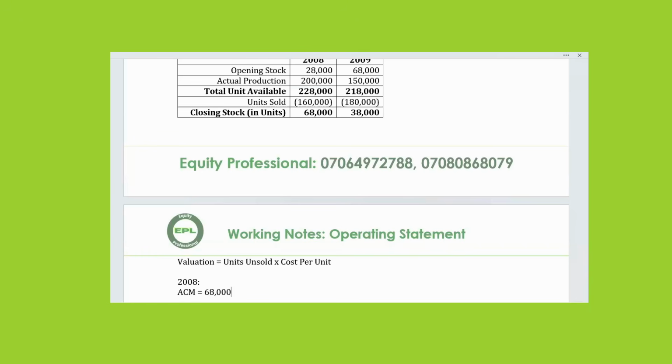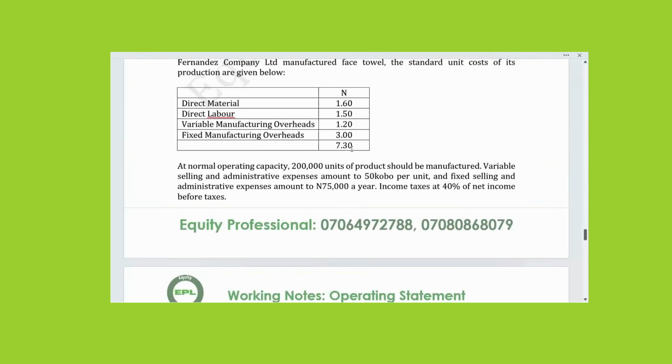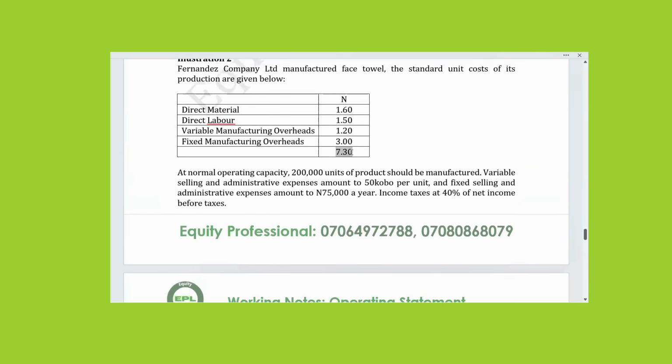68,000. Then multiply by, remember, we are using absorption costing method. And we say that under absorption costing method, opening and closing stocks are valued at total cost per unit. So according to the question, total cost per unit is, sorry, 7 naira 30 kobo.